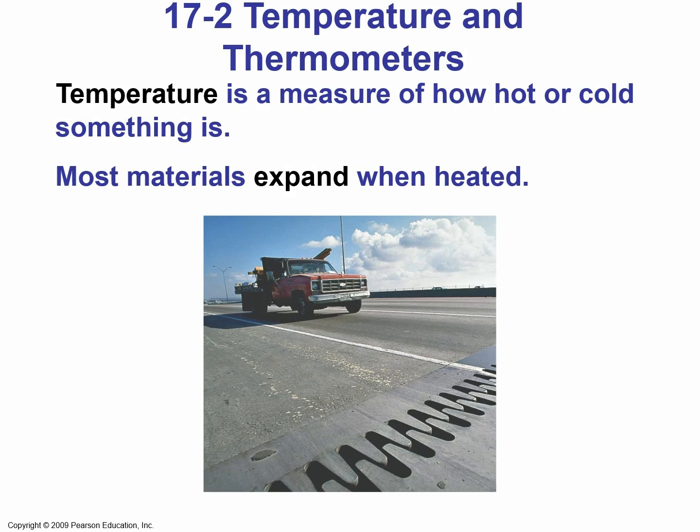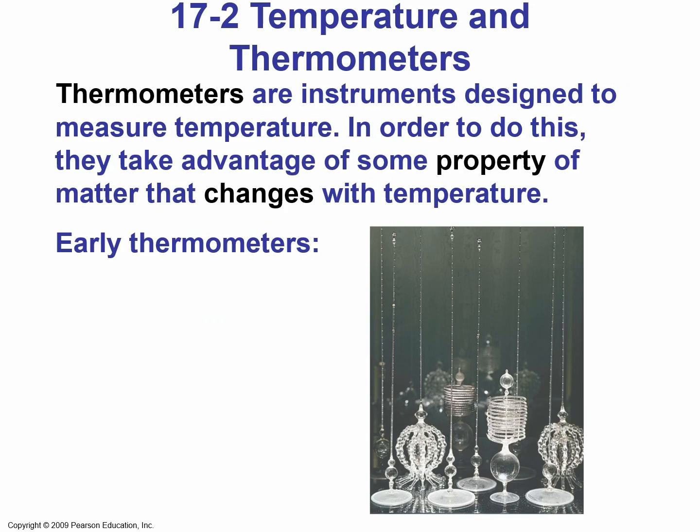Section 2. Temperature and thermometers. Temperature is a measure of how hot or cold something is. Most materials expand when heated or contract when getting cold. Thermometers are instruments designed to measure temperature. In order to do this, they take advantage of some property of matter that changes with temperature.